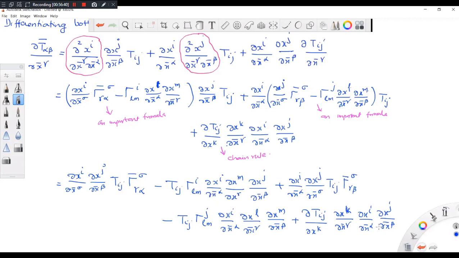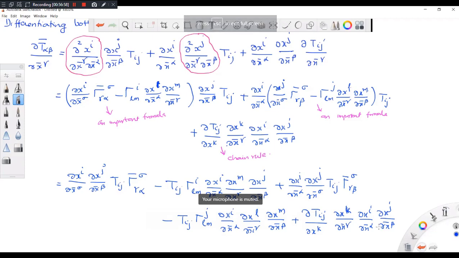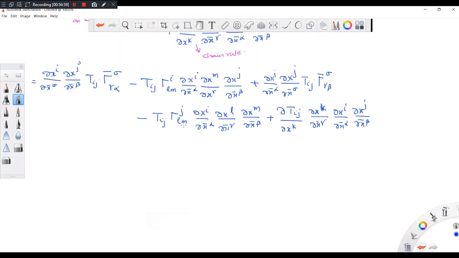Okay, so that the numerator kind of thing should have the same indices. Here IMJ: I is there, M is there, but J. So here you have to make some dummy changes.